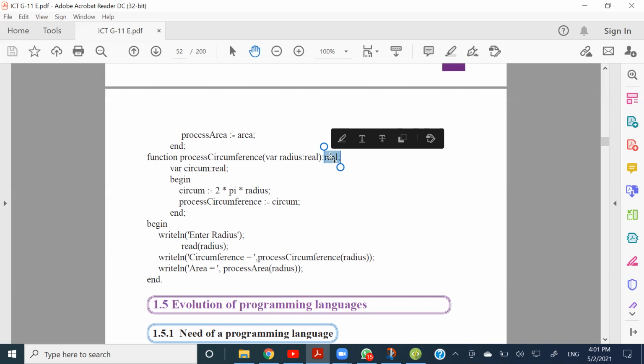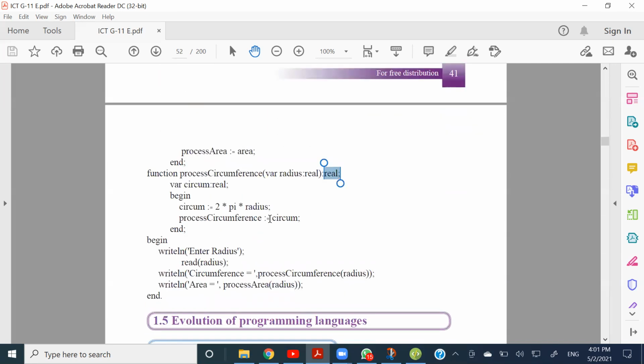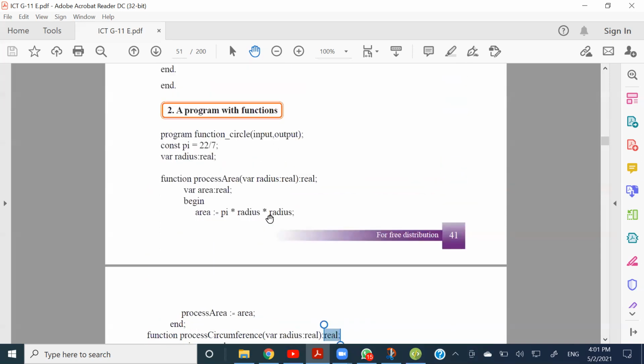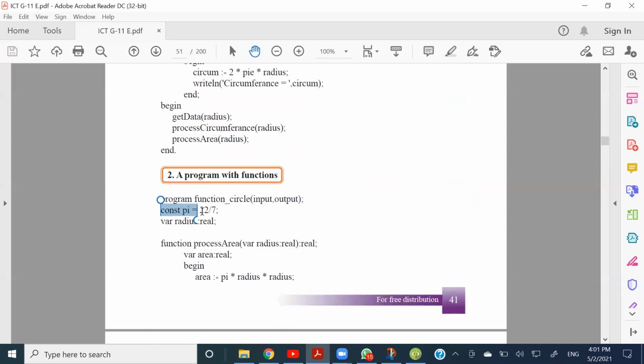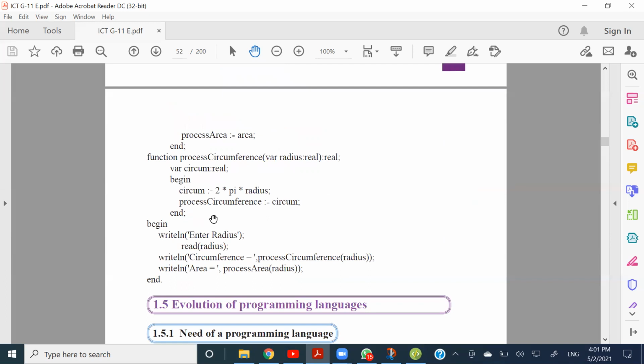Now in this program, tell me the very first line that gets executed. What is the very first line that gets executed? Apart from the assignment, right? Like here the constant pi gets executed. So in the main program, what is the first line that is getting executed?